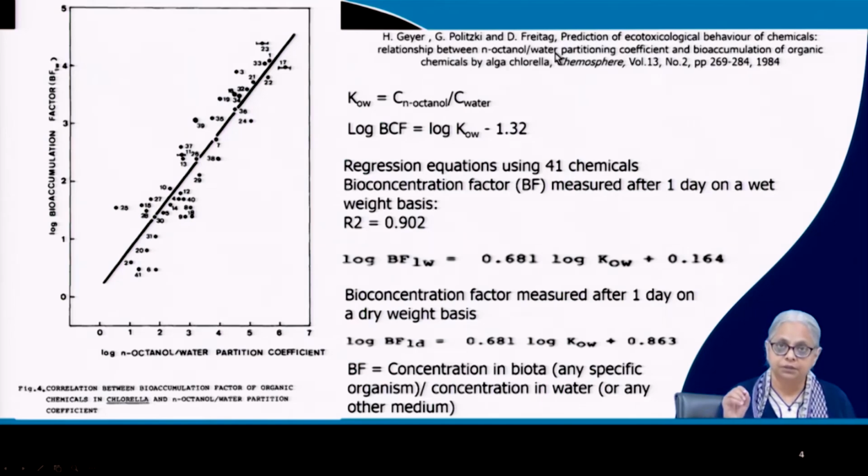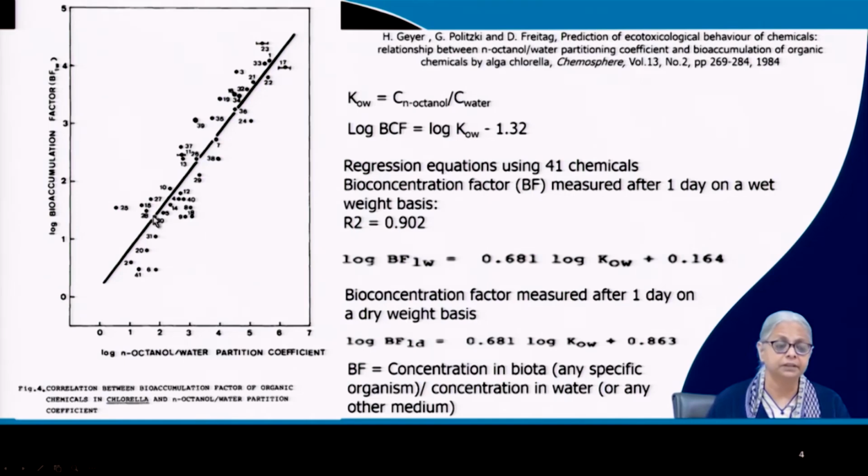Okay, so this Chlorella species, which is an algal species, has been exposed to 41 different chemicals, and these are the bioaccumulants. Now, when you add a particular chemical to water, and then you try to grow a particular species, whether it's algae, whether it's bacteria, whatever it may be, you can harvest those cells and then determine how much of that chemical is still present in the tissue of those cells. Okay, and that is, I think, what they have done here.